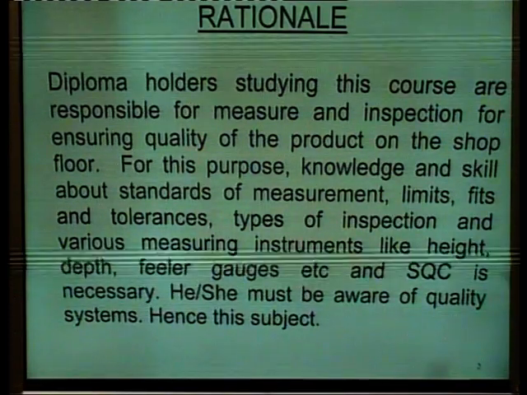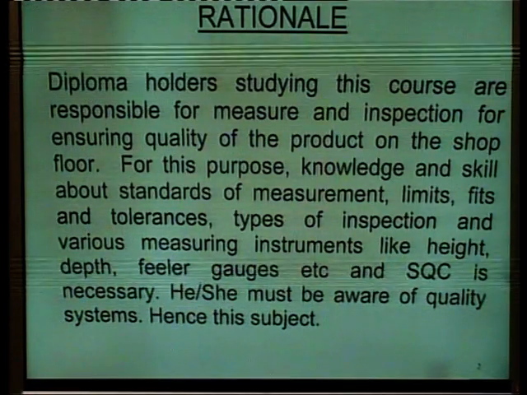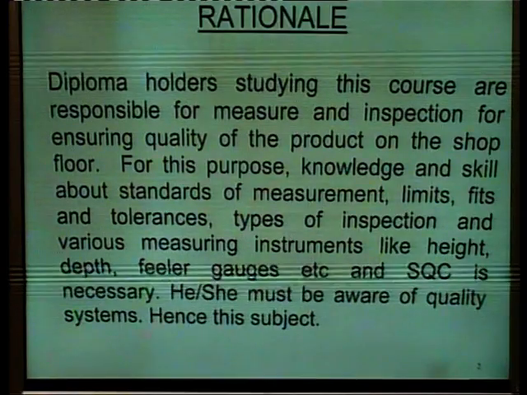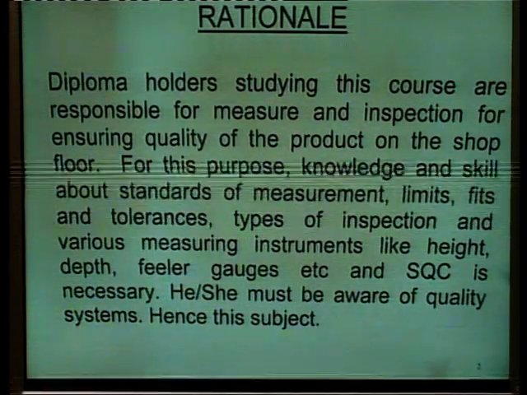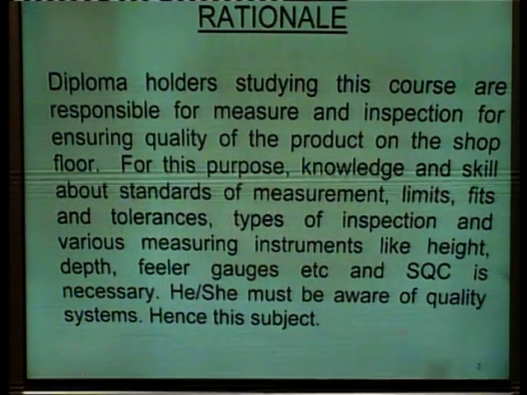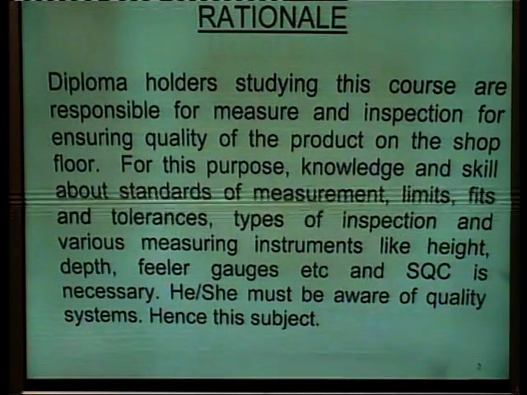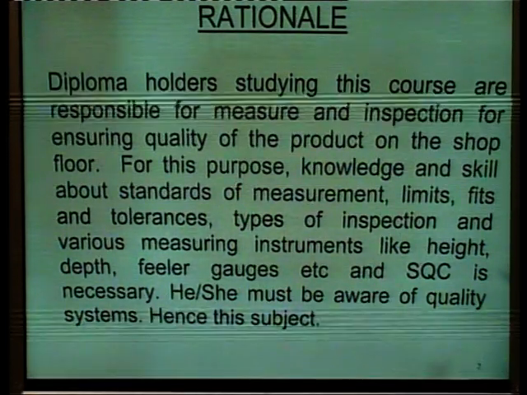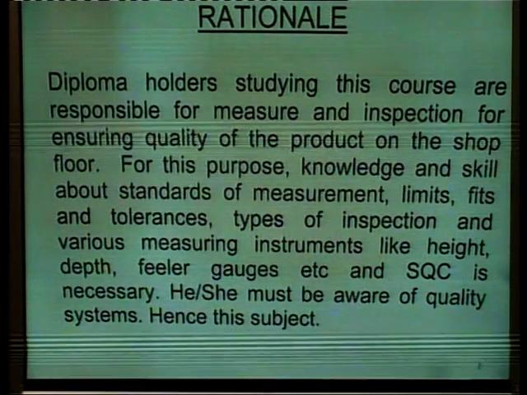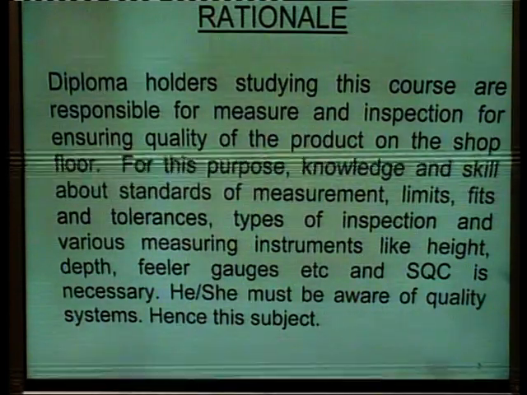For this purpose, knowledge and skill about standards of measurement, limits, fits and tolerances, types of inspection and various measuring instruments like height, depth, filler gauges, etc. and SQC, that is statistical quality control, is necessary. So he or she must be aware of quality systems. Hence this subject.